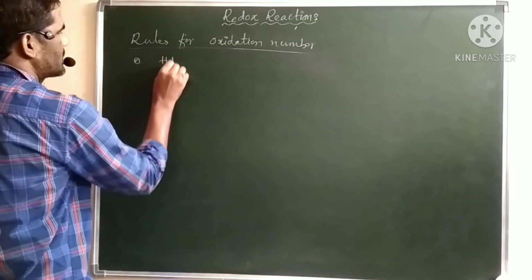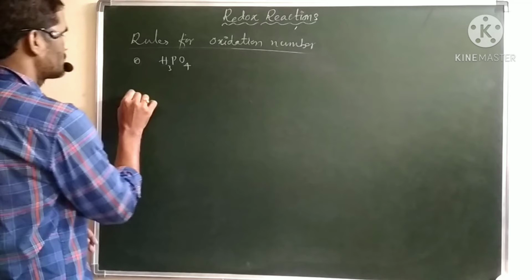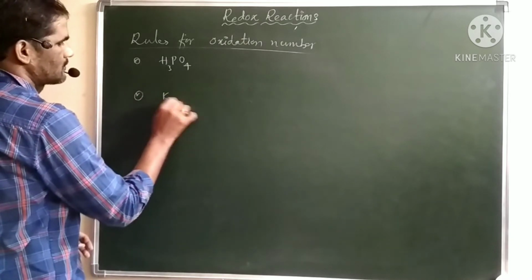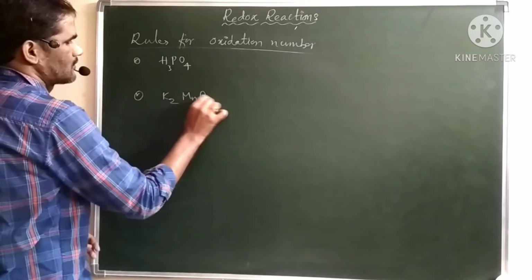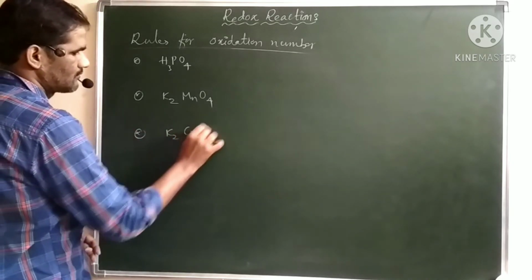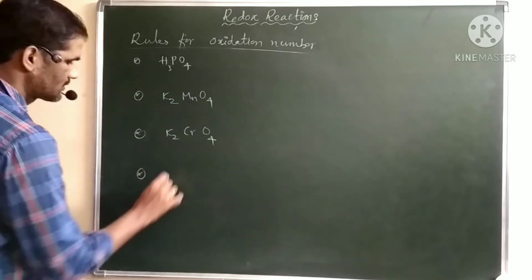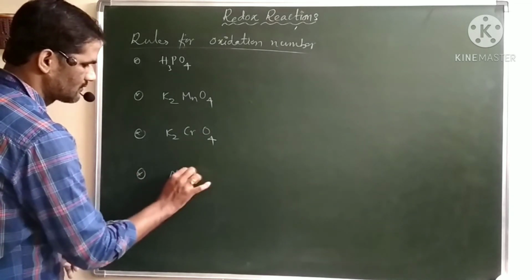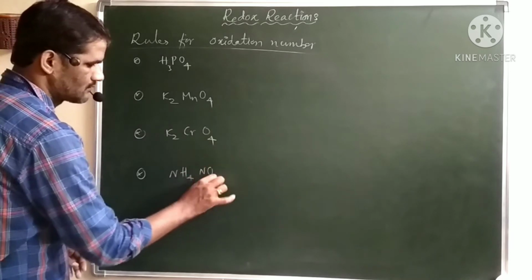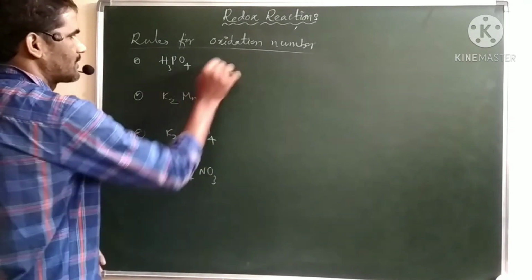So, oxidation state of phosphorus in H3PO4, potassium manganate, potassium chromate, ammonium nitrate. We will see one by one first.